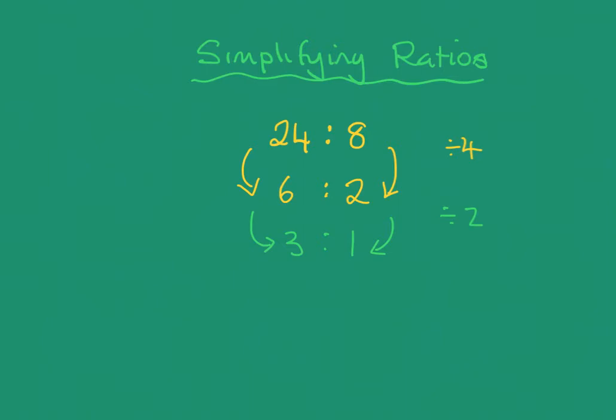And that tells me that there are 3 students for every 1 staff member. So I've simplified my ratio just down to the very basic ratio.